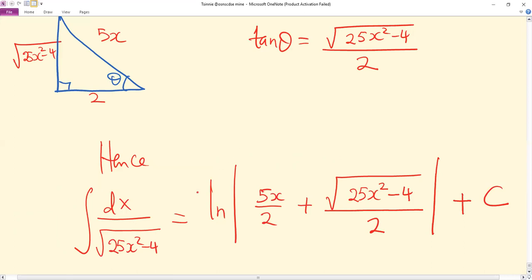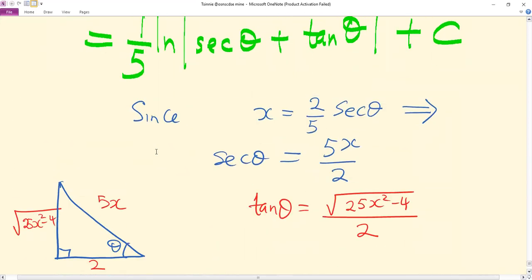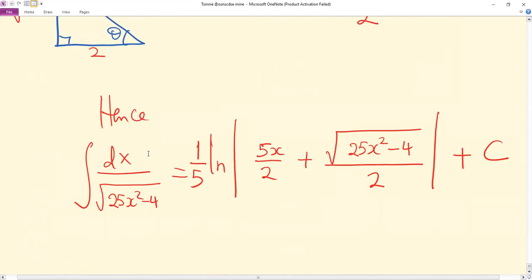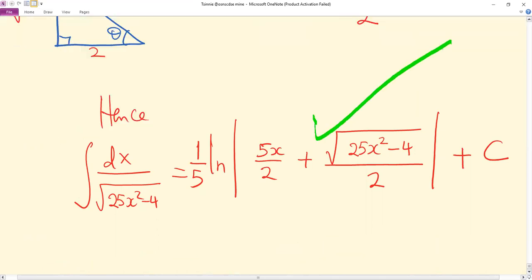Remember we had 1 over 5 at this point here. It's a 1 over 5. So this is the solution to the given problem. Thank you.